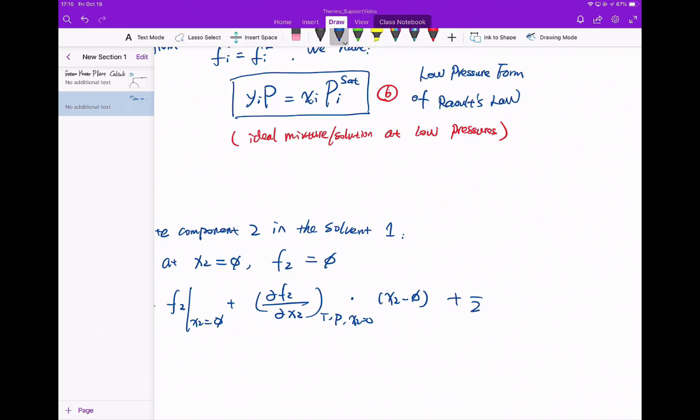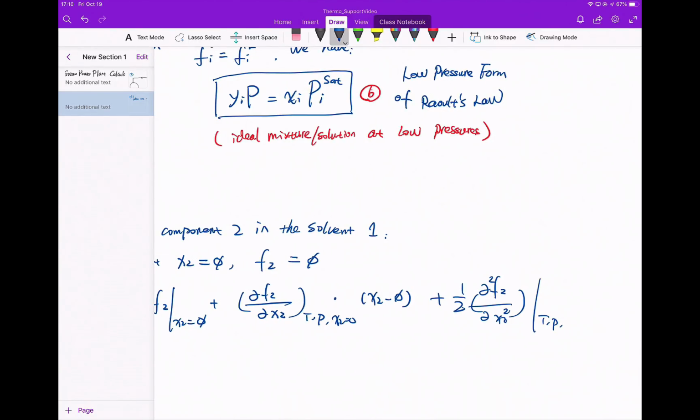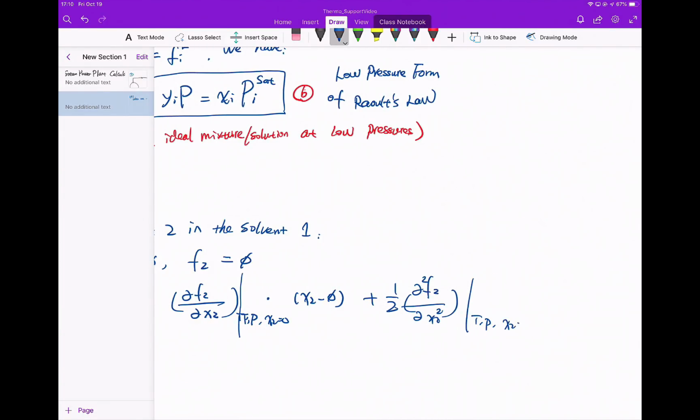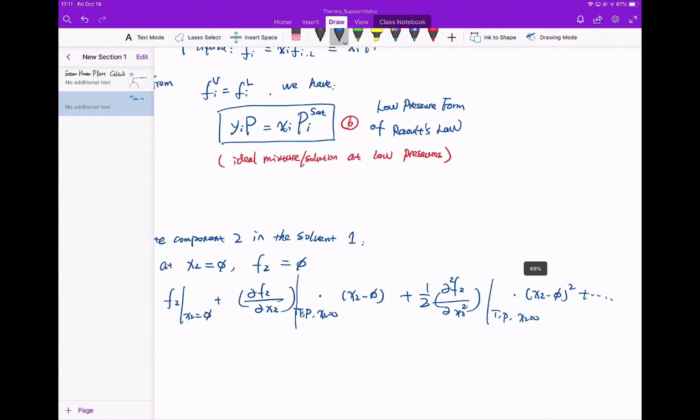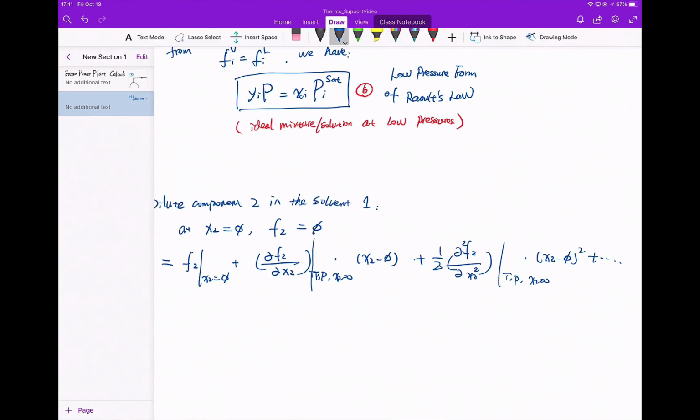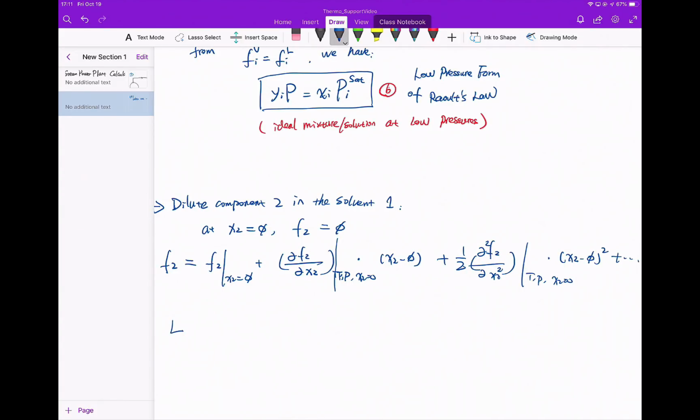Second would be half, d2f2 dx2 squared at fixed T, P, x2 goes 0, times x2 minus 0 squared. Following would be the higher order. So this is simplified. Now this term is 0, and all those would be the higher orders.